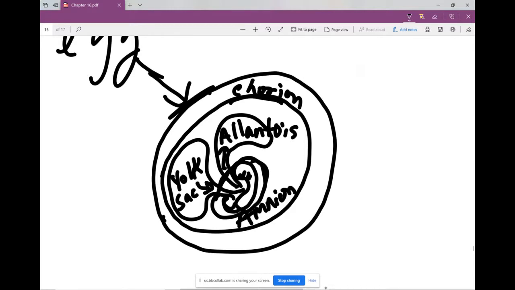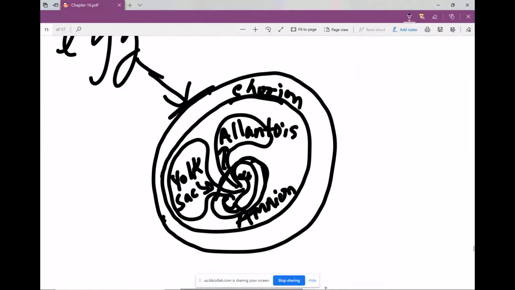That gets replaced. The yolk sac and the allantois eventually, in mammals like us, get replaced by the placenta. So yeah, you had a yolk sac and an allantois early on in our embryo stage, but that got replaced by the placenta.